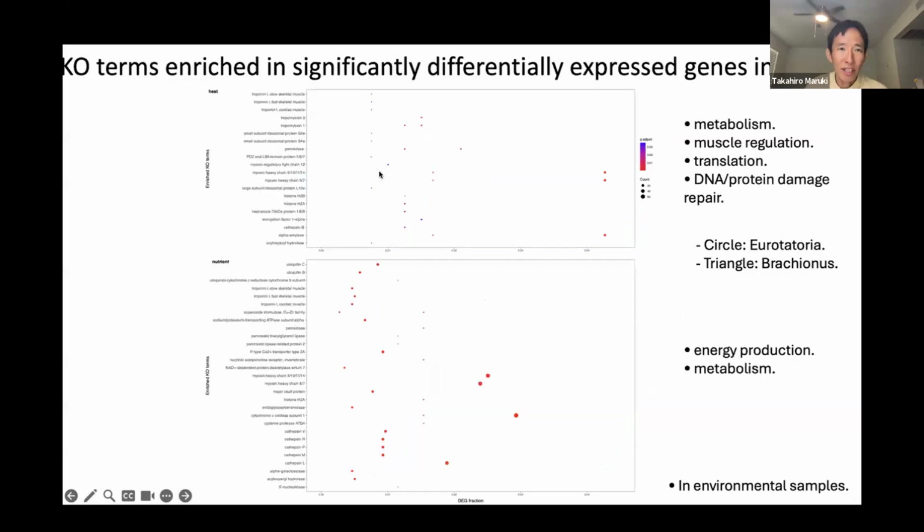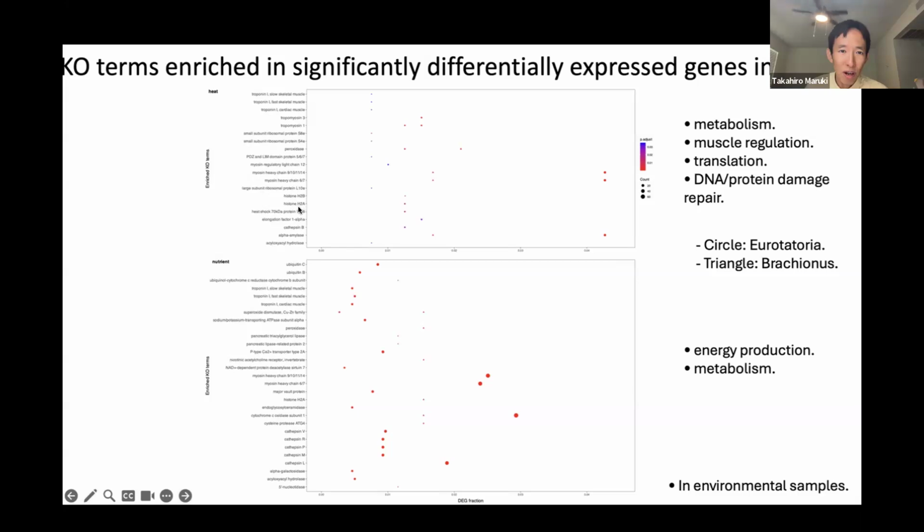These are KO terms enriched in significantly differentially expressed genes in rotifers in environmental samples. Here, circles and triangles denote results in Eurotatoria, which is the class of rotifers, and Brachionus, which is the most abundant genus in Eurotatoria.